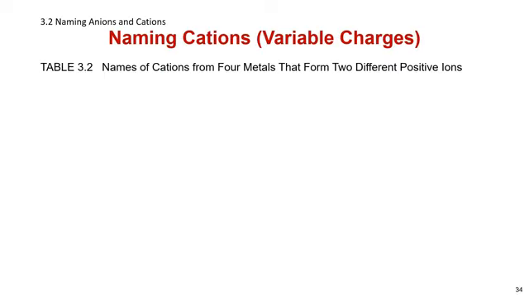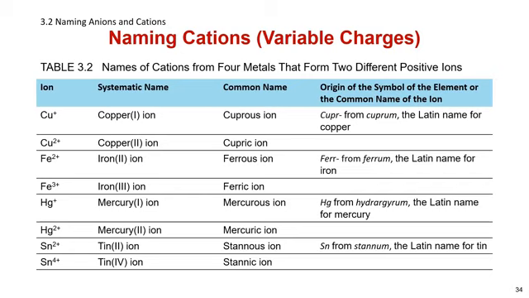Ferric means Fe3 plus. Ferrous means Fe2 plus. The old system is called the common system. Putting in the parentheses for variable charge cations is called the systematic name.